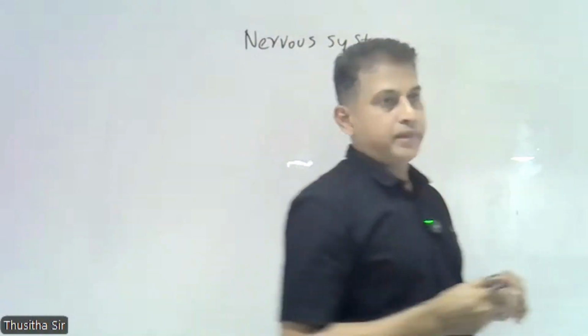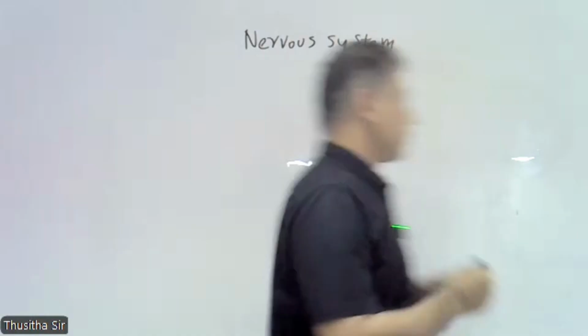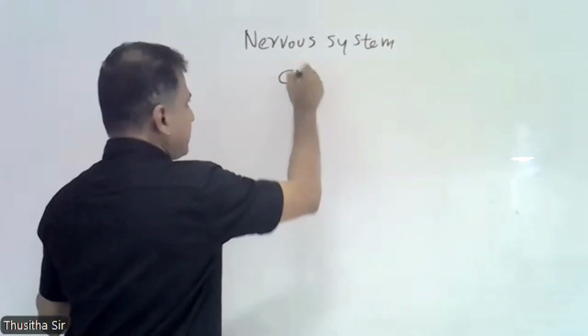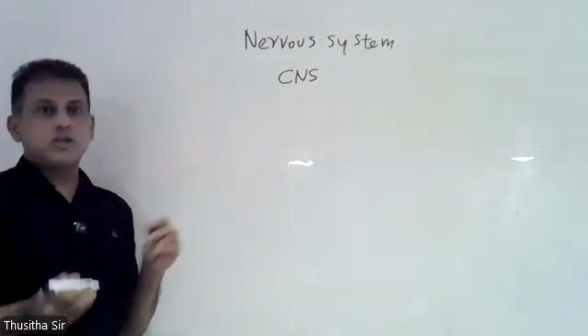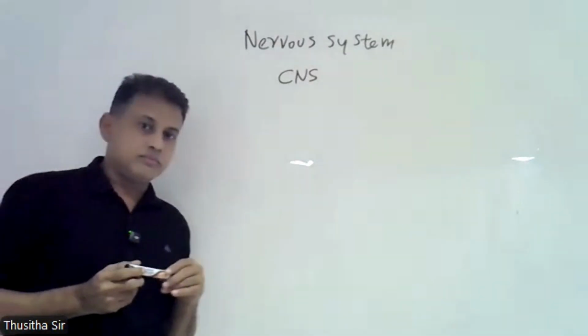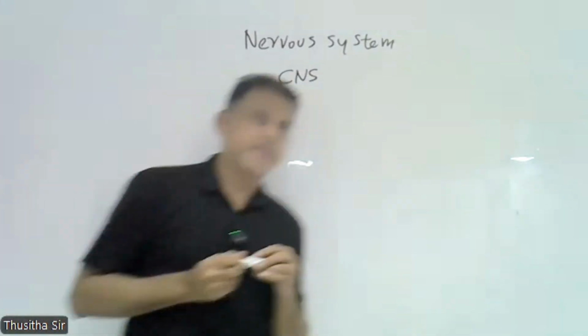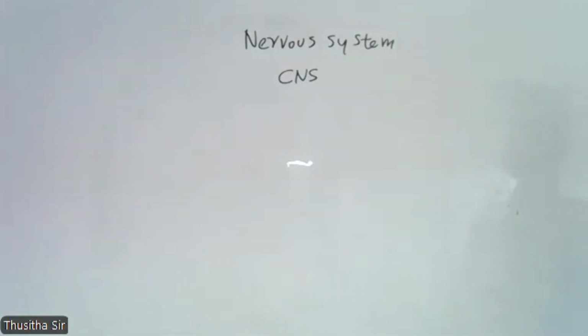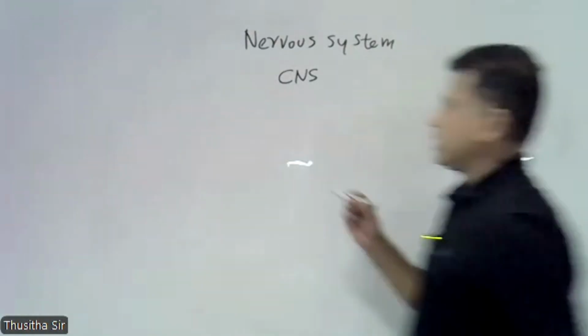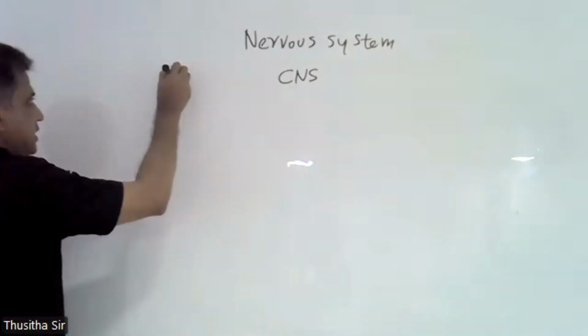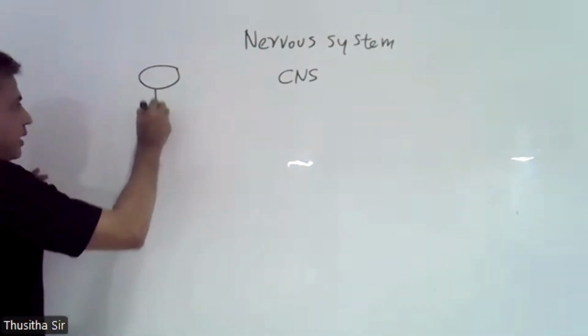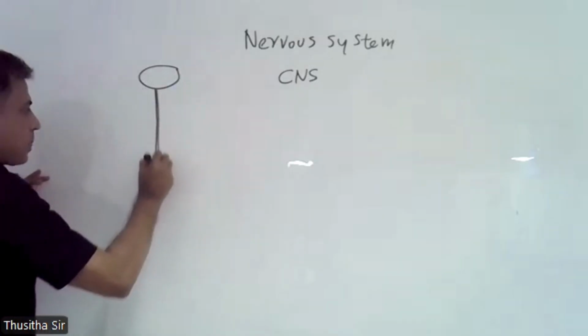The main part, the central nervous system, is the brain and spinal cord. Usually in most diagrams we can see this as the brain and the spinal cord.